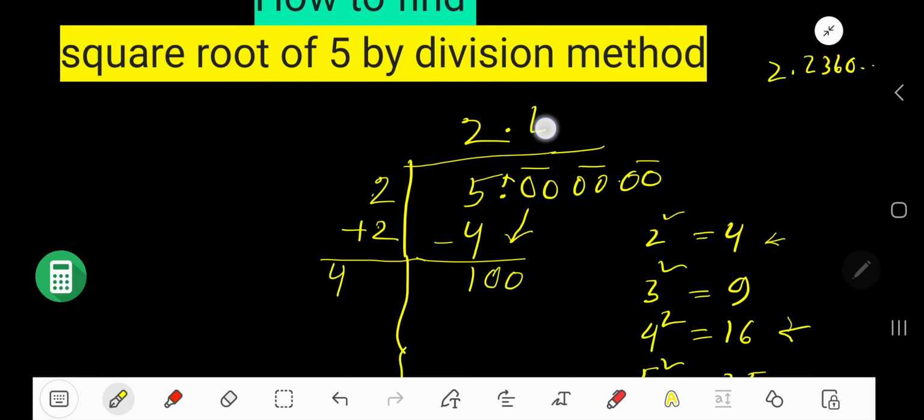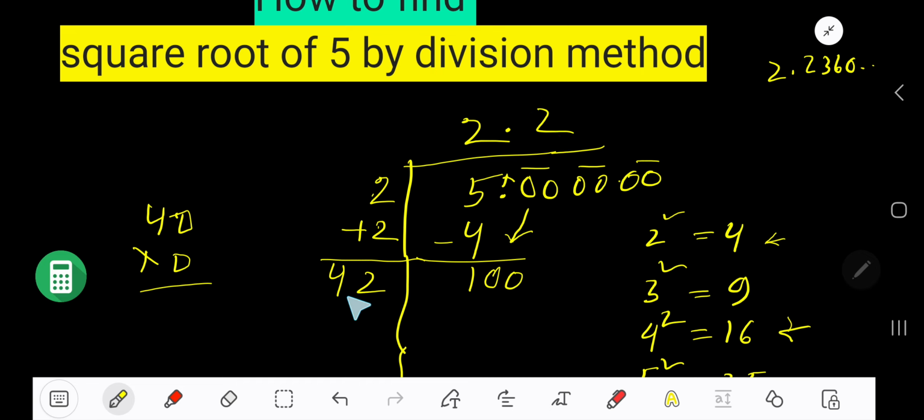Now you have to take a digit here, and you need to multiply this number by that digit, which will be close to 100. If you take 2 here, then you also need to take 2 here.